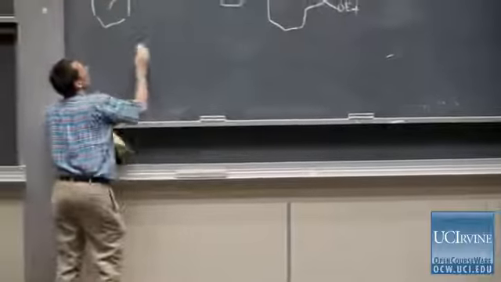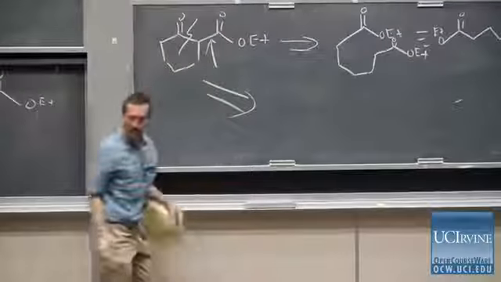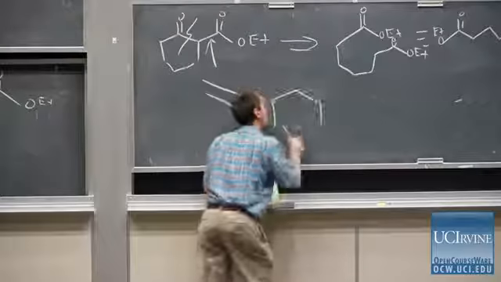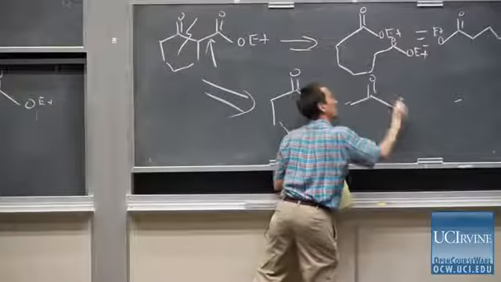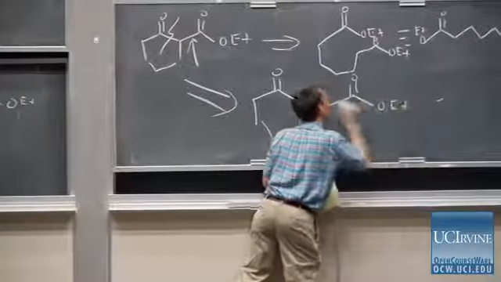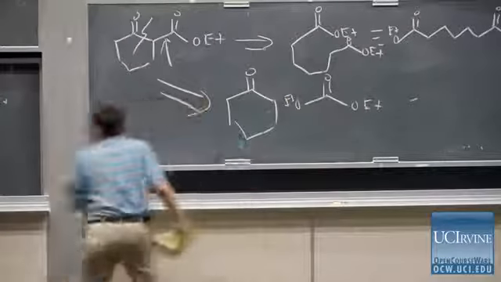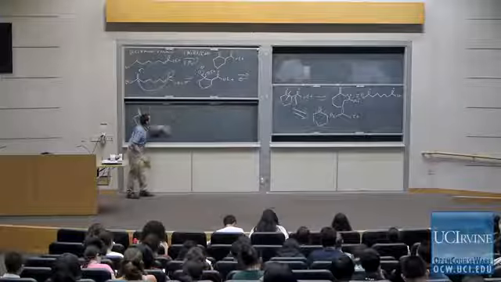But you can also see a second way to break it apart. We saw that way just a moment before. That way of breaking it apart breaks it apart to cyclohexanone and diethyl carbonate. And that's really the beauty of being able to recognize these relationships.